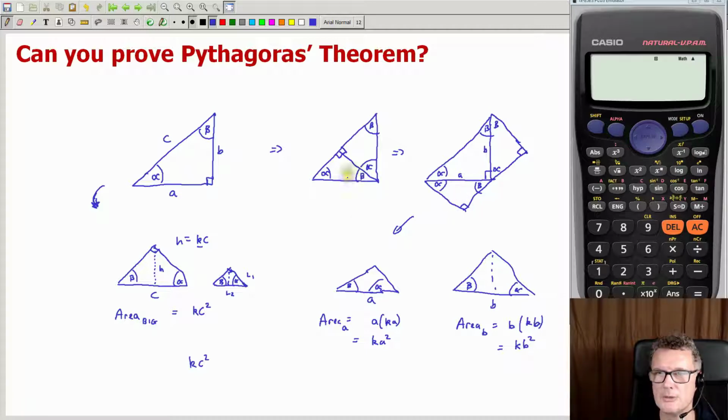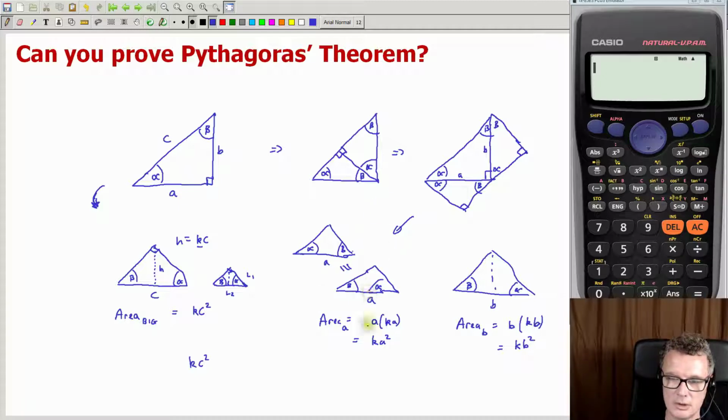So if you went back and had a look at, say, what's the area of that triangle, you can also say that the area of a triangle which has got beta on the right and alpha on the left is the same as the area of a triangle with beta on the left and alpha on the right. So you can use similar triangles, you can use rotating triangles, and you can use flipping the triangles.